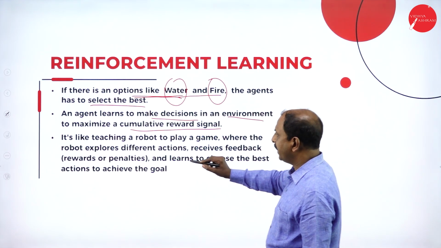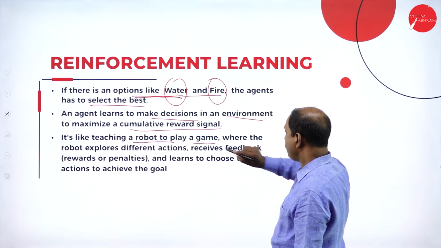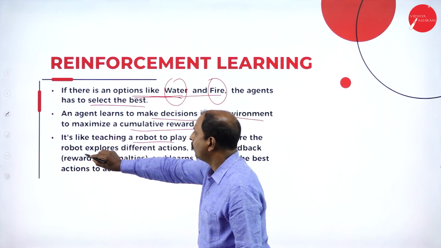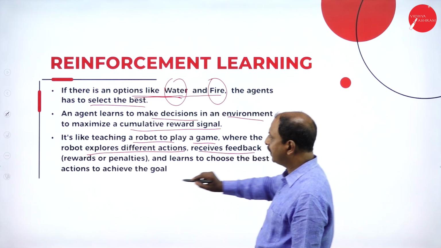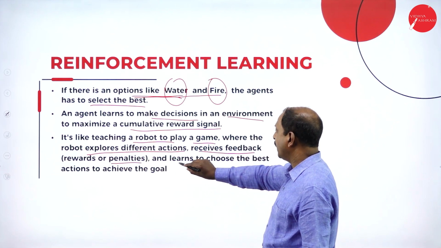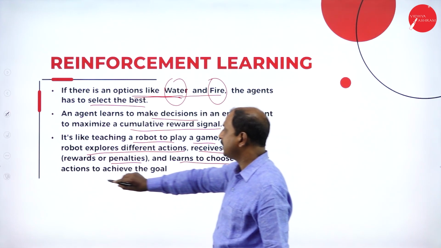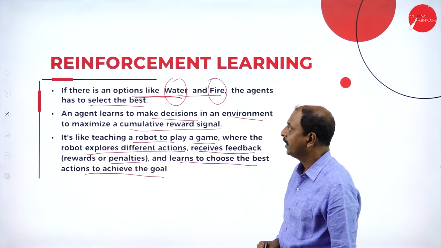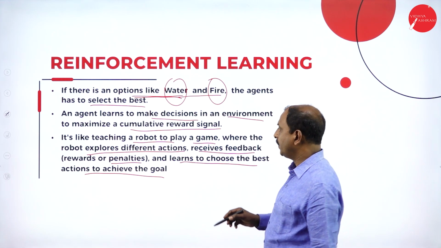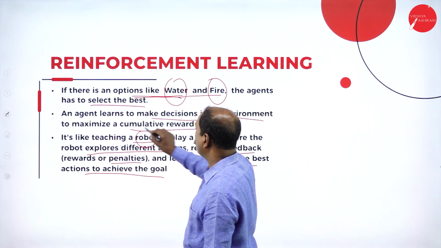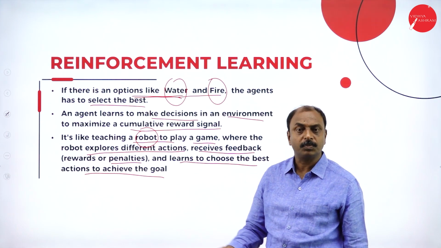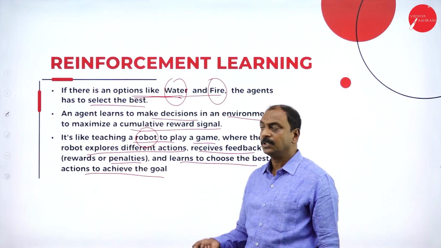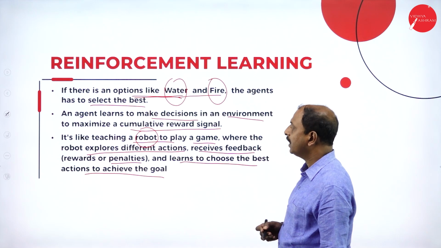It is like teaching a robot to play a game where the robot explores different actions, receives feedback, rewards or penalties, and learns to choose the best actions to achieve the goal. A very good example is we are learning with a robot. Also, you can say that whenever you play chess with the computer system, that is also an example for reinforcement learning.